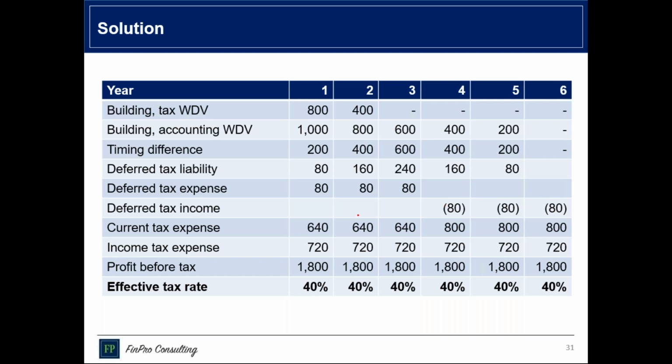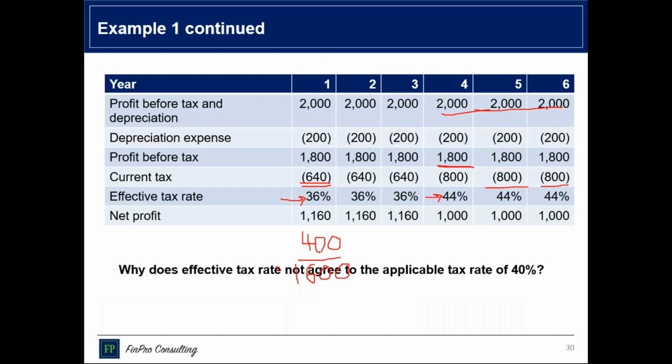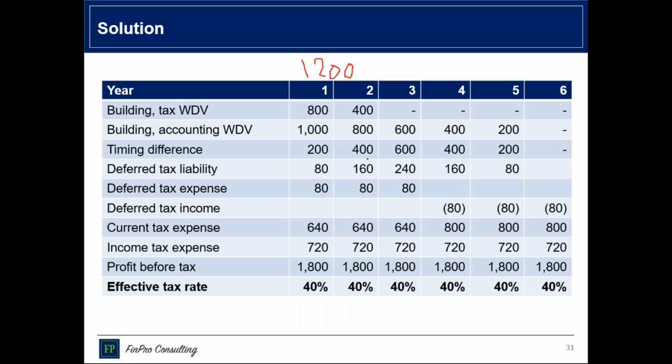Now, what we are doing here is we are comparing the accounting WDV of that particular asset with the tax WDV. So in the first year, if you see tax WDV, the original cost of the asset was 1200 and my tax depreciation was 400 for first 3 years, right?